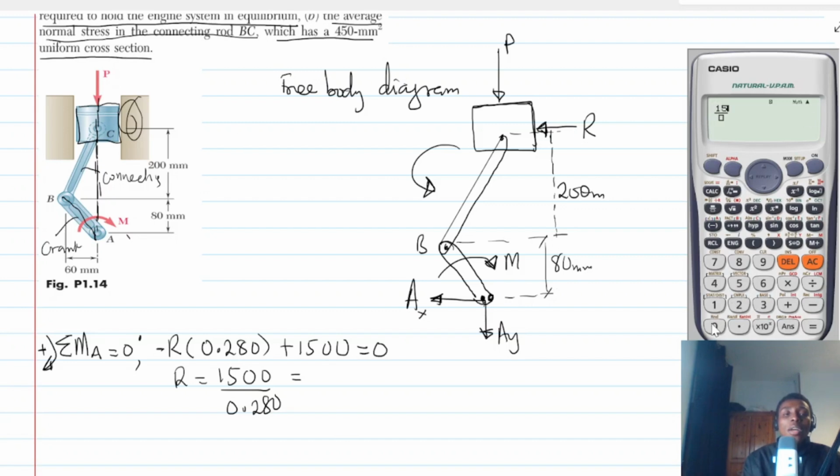So we have 1500 divided by 0.280. Then we are going to get 5,357. So 5.36 kilonewton. So that is the R for you.